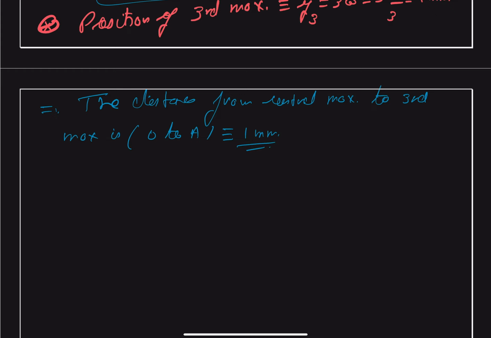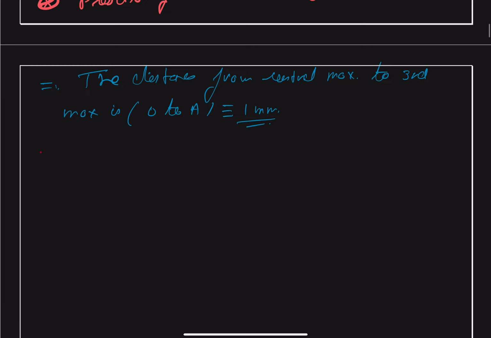Now we come to the second part, part B, which asks what happens when the gap is reduced by half. So the gap between L1 and L2, which is basically our AB, is reduced.